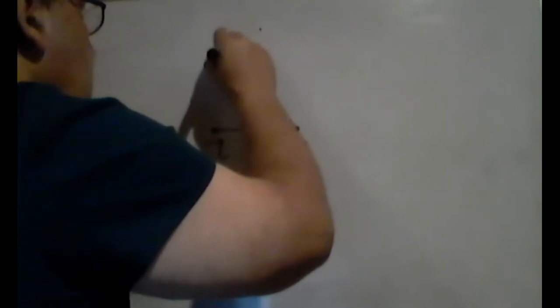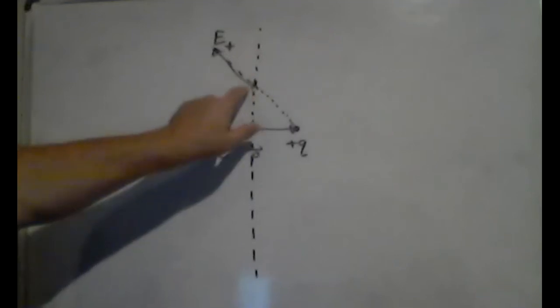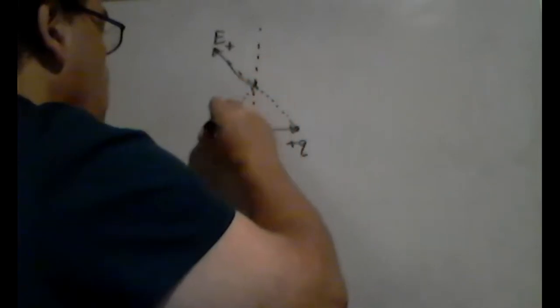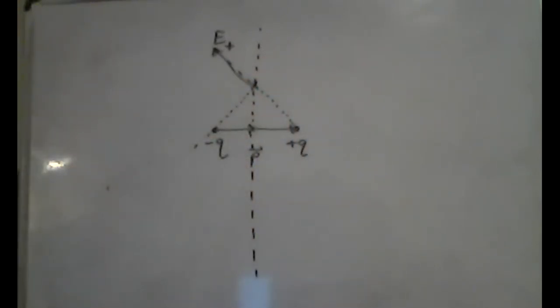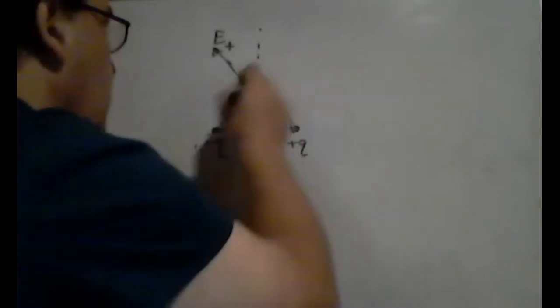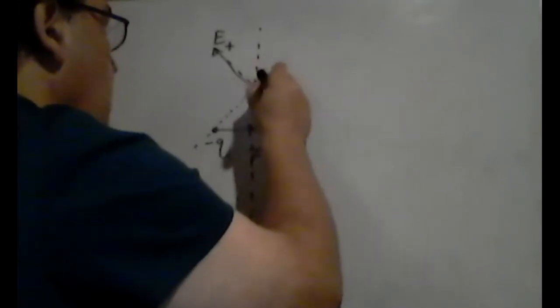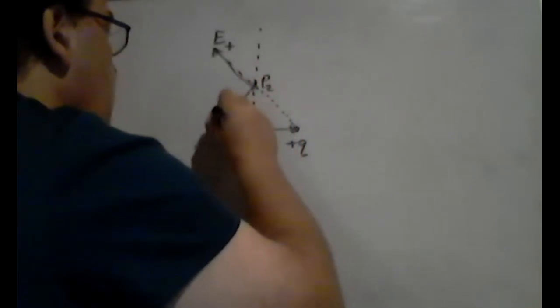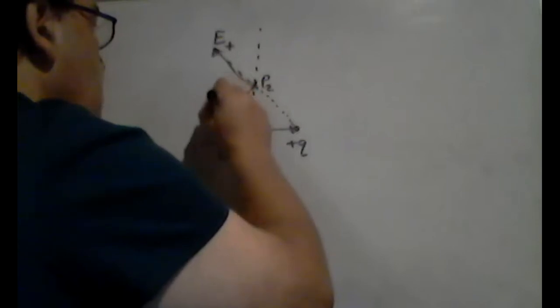I would expect there to be some electric field in that direction. I'll call this E plus, coming from the positive charge. And then I would expect attraction of a positive test charge with the negative. And again, these forces all connect line, center to center. I'm calling this P2. That's what they told me to do. And I would draw that vector, trying to draw about the same size right there. I'll call that E minus.